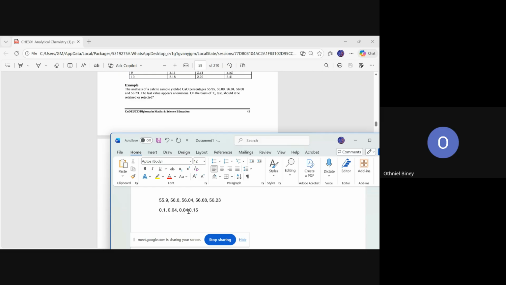So if we are talking about precision, you can see that maybe this and this are close to each other, and this and this are a bit close.